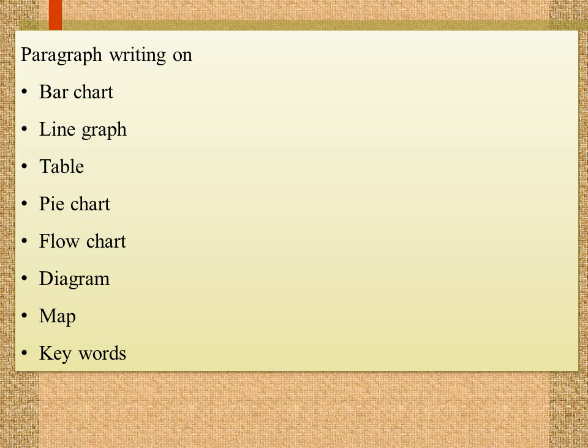It can be a flow chart, it can take the formation of a diagram, it can have a map formation, or we can just be provided with keywords and we have to explain those keywords. So in the coming slides, we'll understand how this comes out to be.